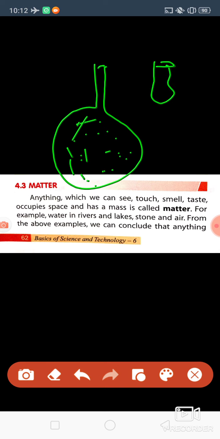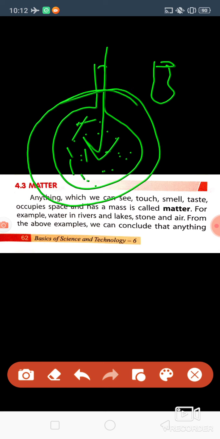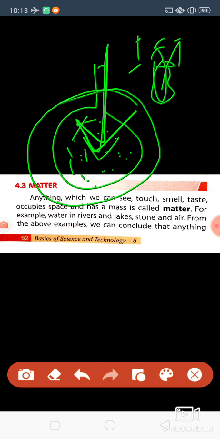When we fill air inside it, it occupies space. First, if you measure this empty balloon, maybe its mass will be 1 gram, and after filling the air inside the balloon, if you measure, you may get 5 gram.